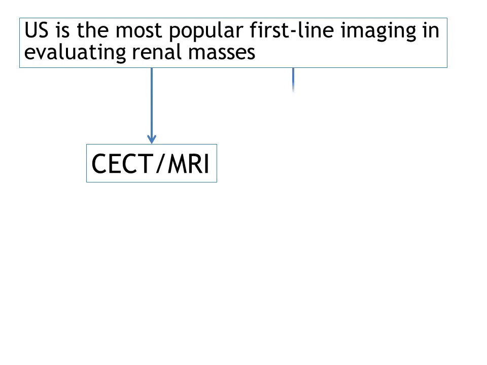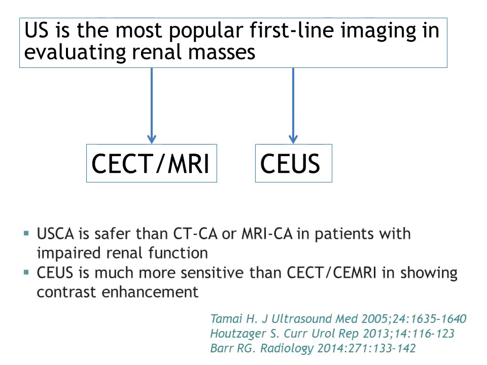However, contrast-enhanced ultrasound may be an excellent alternative, especially in patients with impaired renal functions, because ultrasound contrast agent is known to be safer than CT or MRI contrast agent in those patients. Moreover, contrast-enhanced ultrasound is much more sensitive than contrast-enhanced CT or contrast-enhanced MRI in showing very subtle enhancement.